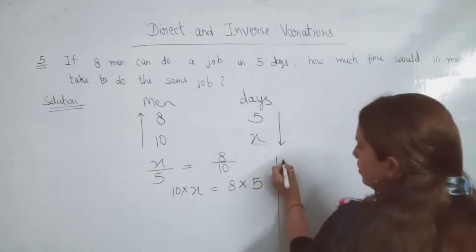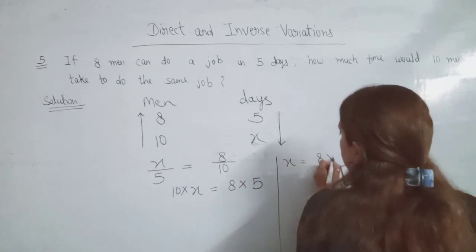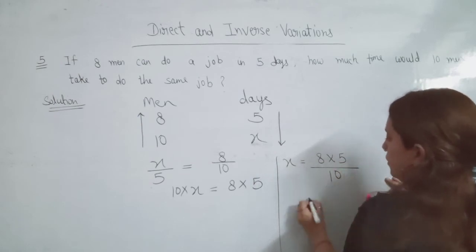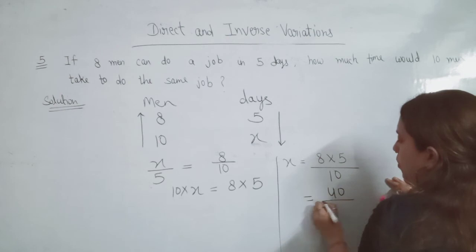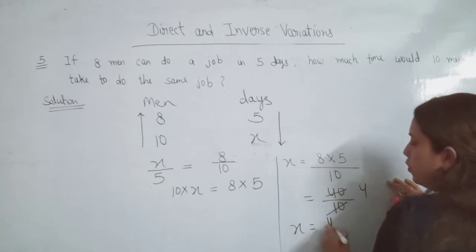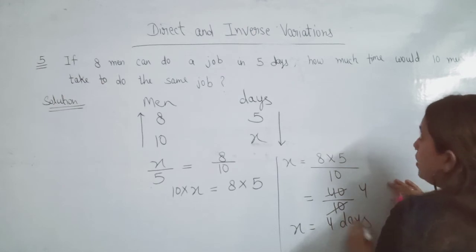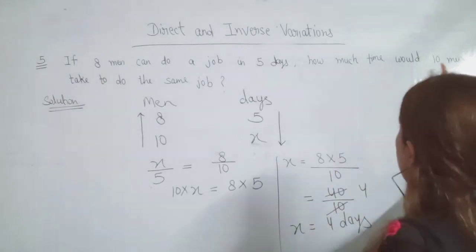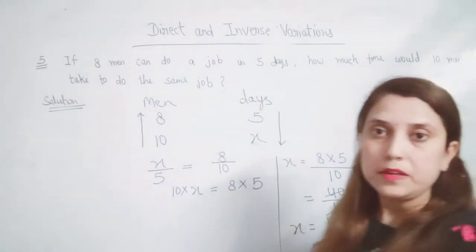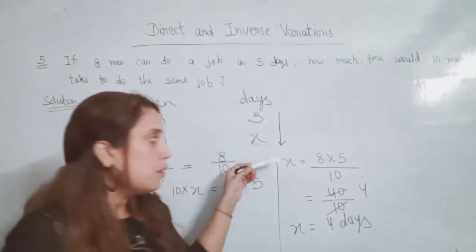So x is equal to 8 into 5 upon 10, which is 40 upon 10, which is 4. x is equal to 4 days. So 10 men can do the same job in 4 days. Okay beta, so this is the inverse variation.